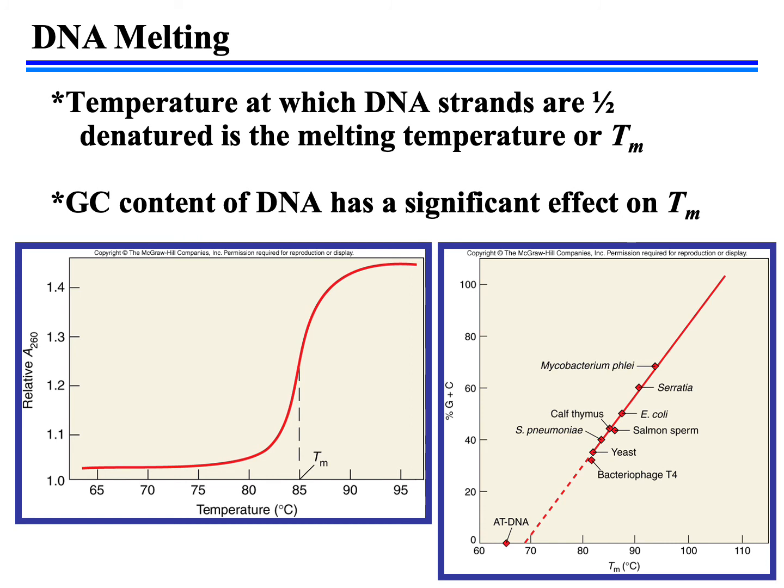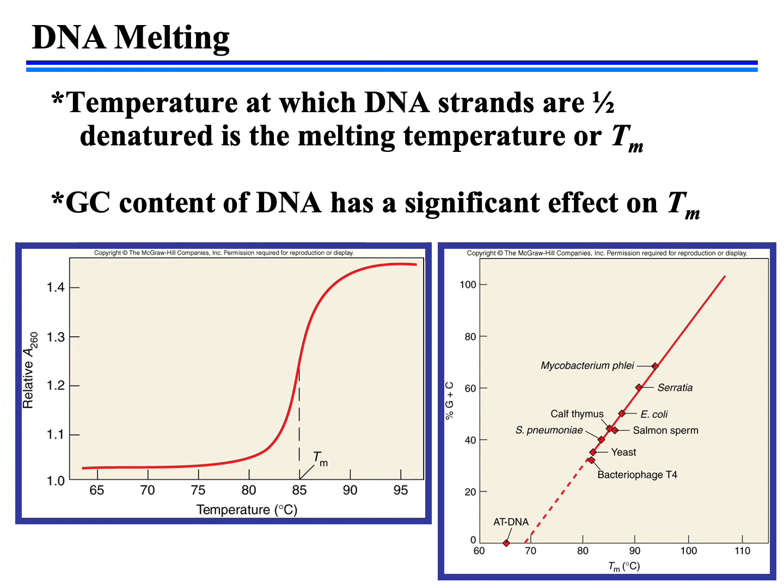So before we get to that, what I want to address is that double-stranded DNA absorbs light at a wavelength of 260 nanometers. The double-stranded DNA, the two strands quench the absorbance.